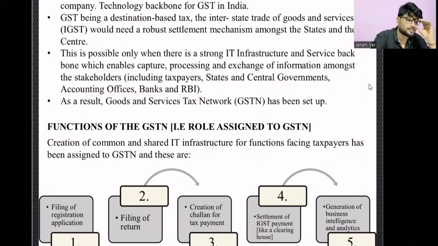I'm not saying that GST is running because of them, but the web framework, the IT infrastructure, and the services that they provide are all a great convenience because of them. As a result, Goods and Service Tax Network has been set up for that function only.